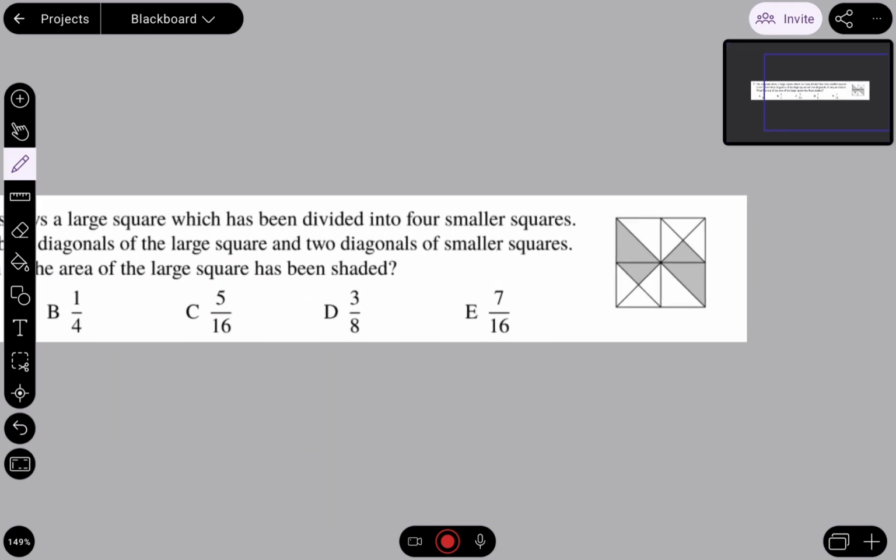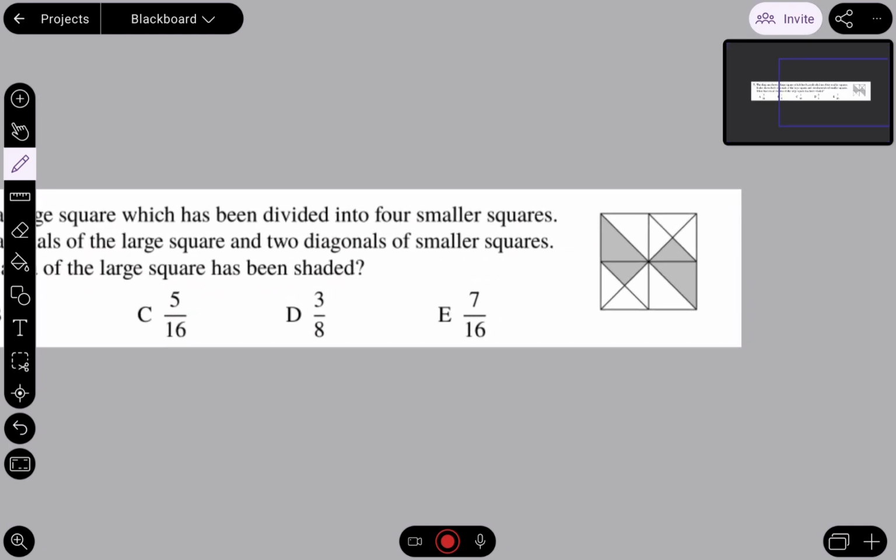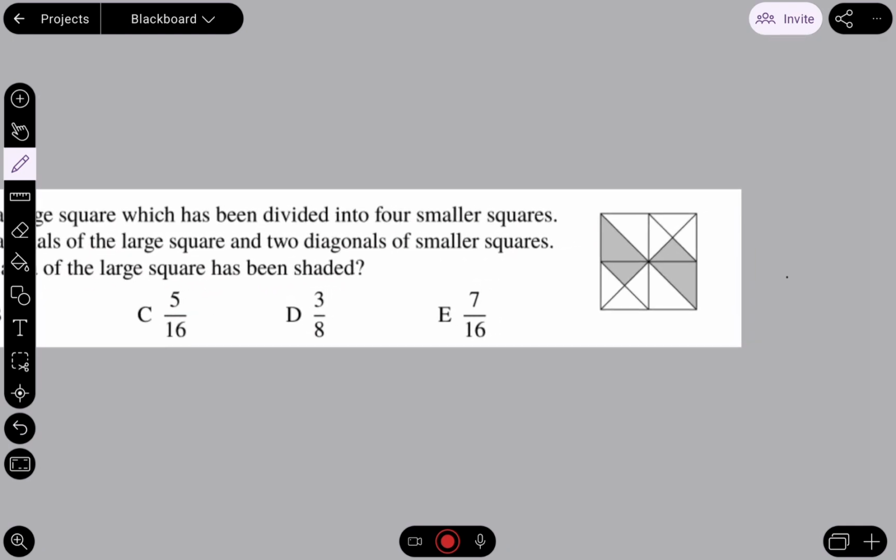Okay, what we need to do is first look at the shaded part. So we realize that each square can be divided into 4 tiny little triangles. So we divide each square into 4 tiny little triangles. So now we have 16 tiny little triangles.